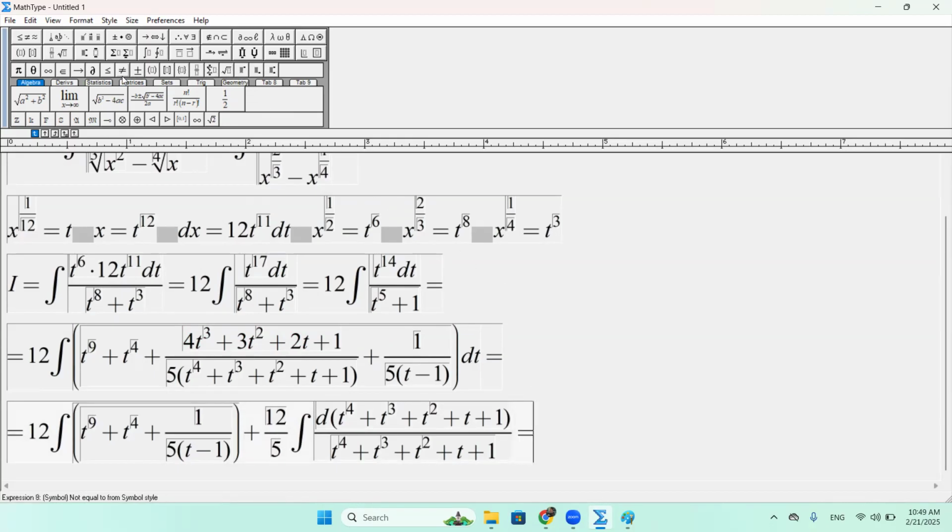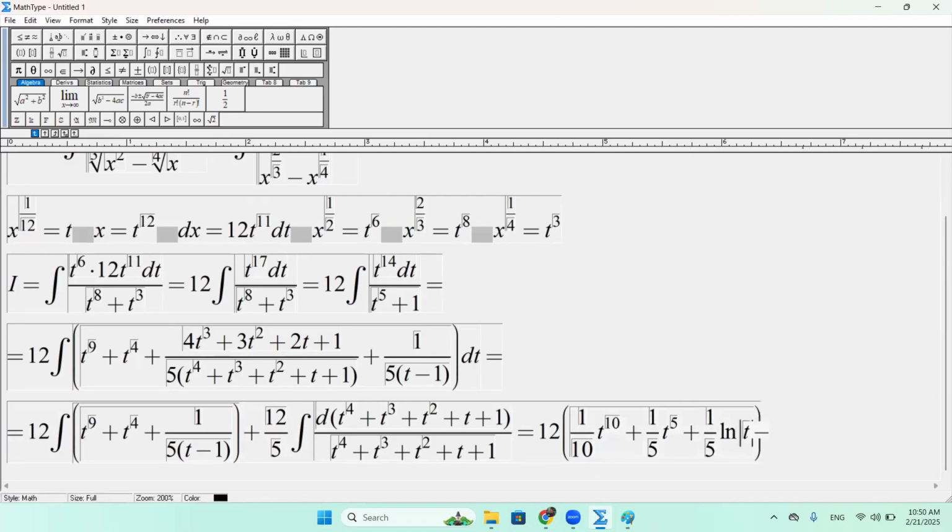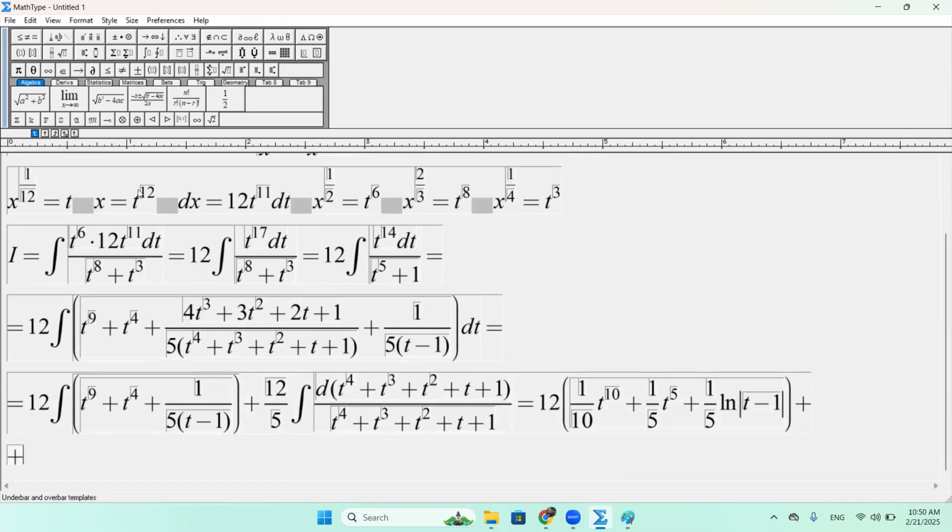So now let's integrate. So 12, so t in 1 over 10 t in power of 10 plus 1 over 5 t in power of 5 plus 1 over 5 logarithm of module of t minus 1 plus 12 over 5.